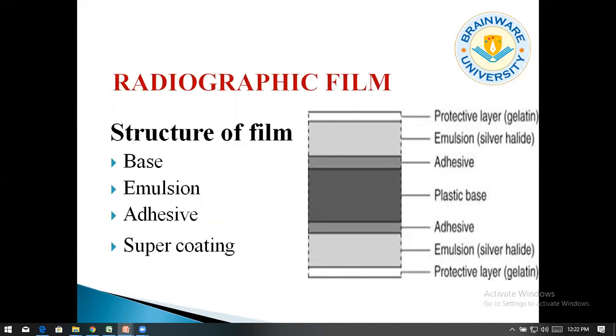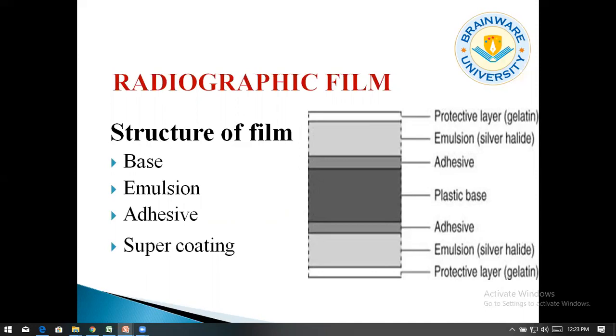The adhesive layer, which differentiates the emulsion and base, and the supercoating that protects the emulsion layer, which is also made up of gelatin.